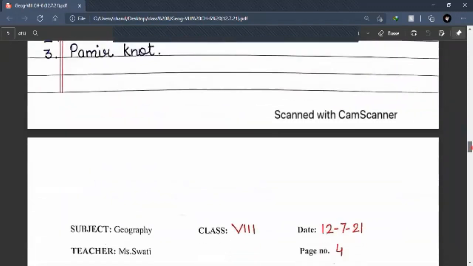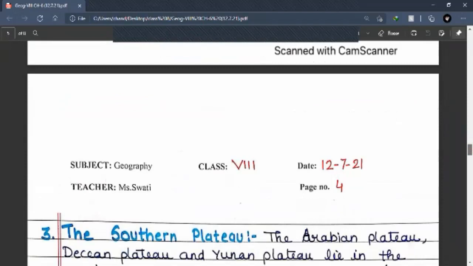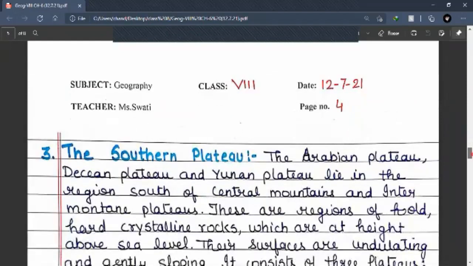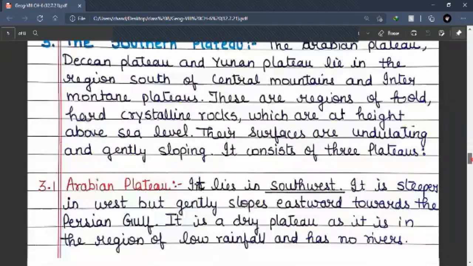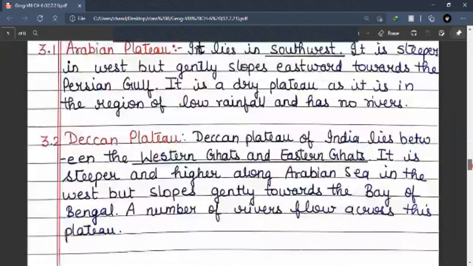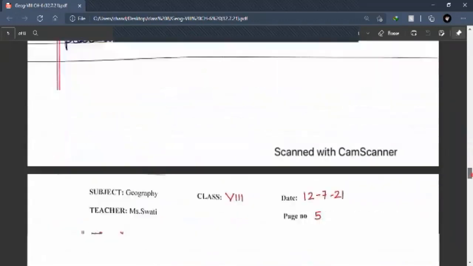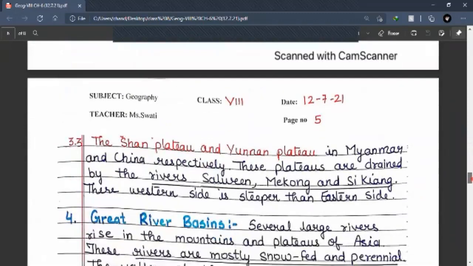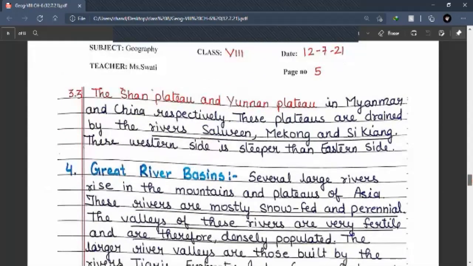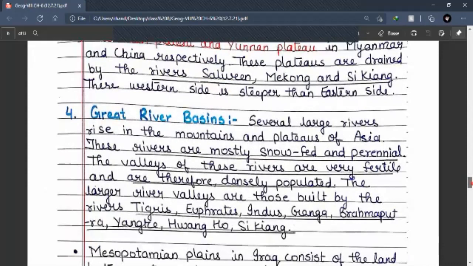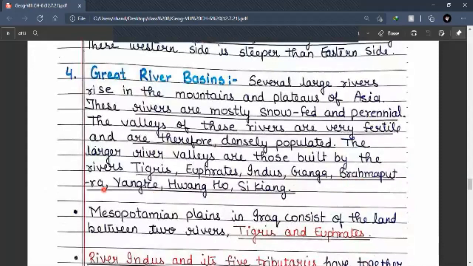The valleys of these rivers are very fertile and are therefore densely populated. The larger river valleys are those built by the rivers Tigris, Euphrates, Indus, Ganga, Brahmaputra, Yangtze, Huanghe, and Sikyang.